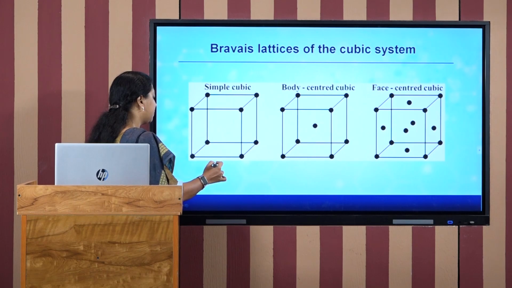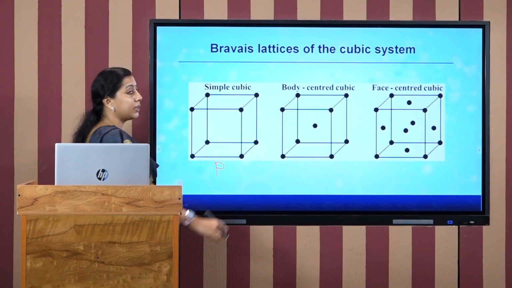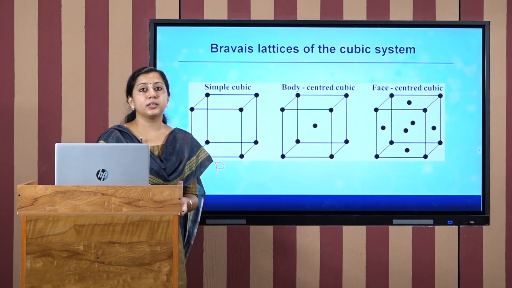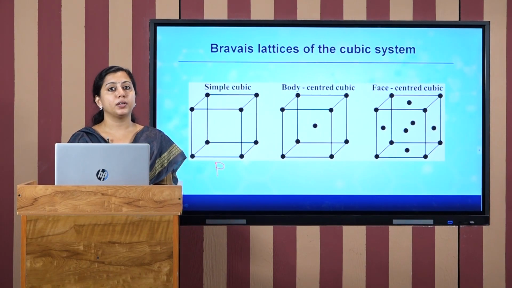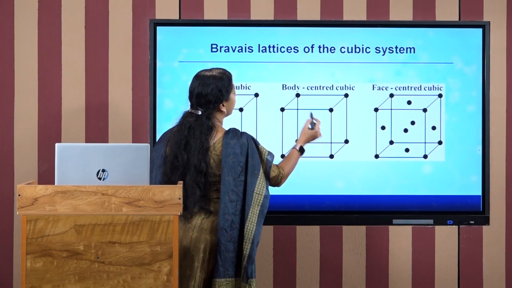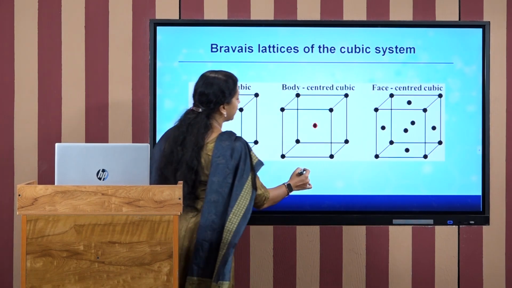So, this we may represent as P, denoting the primitive type. And the second one is body centered cubic lattice, which has atoms at the corners as well as at the center of the body of the cube, and we may denote it as I.